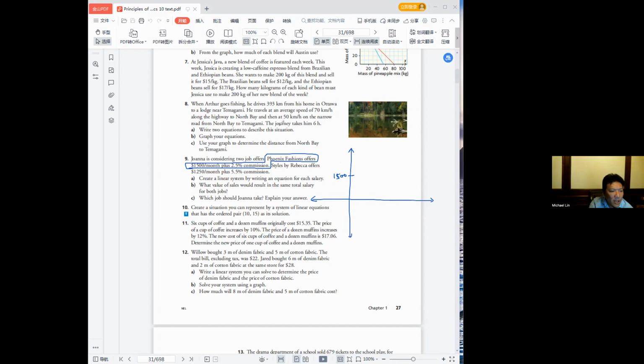So the workplace says, whatever you sell, I'm going to give you 2.5% of that. So in other words, if, for example, that month, he manages to sell $1,000 worth of items, his workplace is going to give him an extra $25 because he did a good job. So he would be at $1,525.